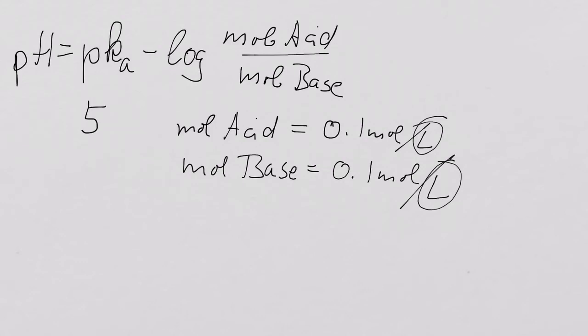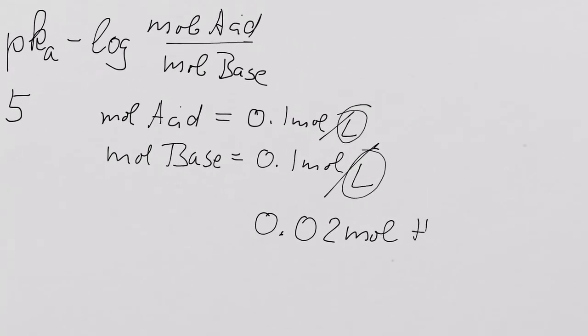Now let's assume I add 0.02 mole of an acid, HCl. Okay? 0.02 mole of an acid. What happens? Try to figure it out. Talk to each other. What's going to happen in this case?